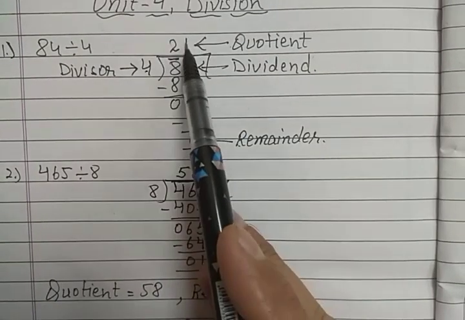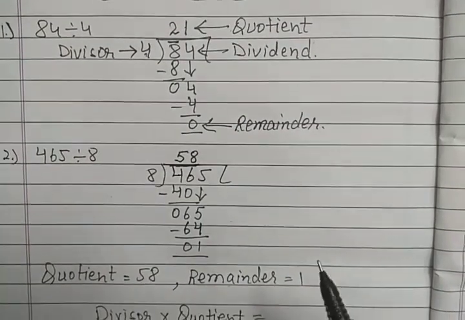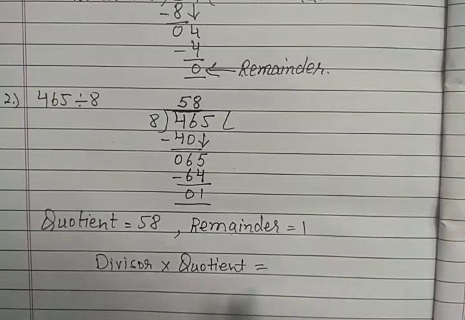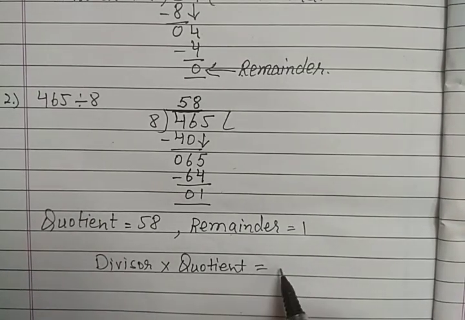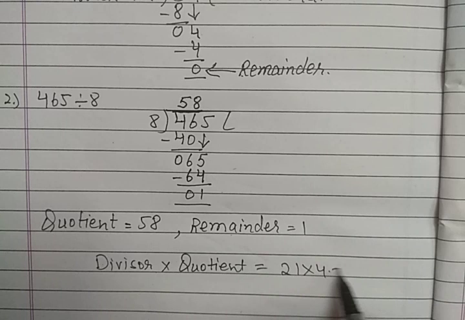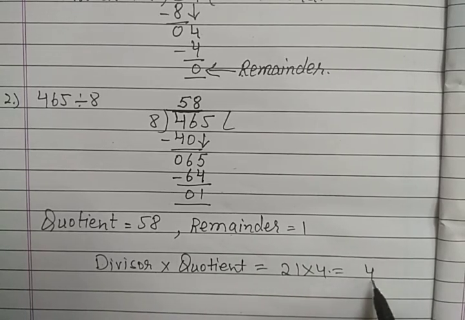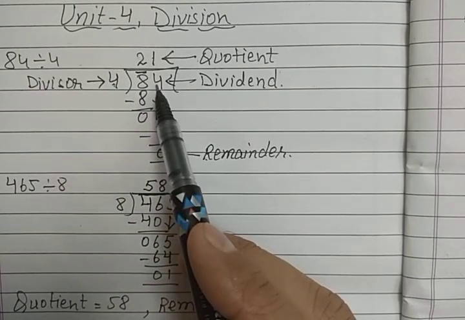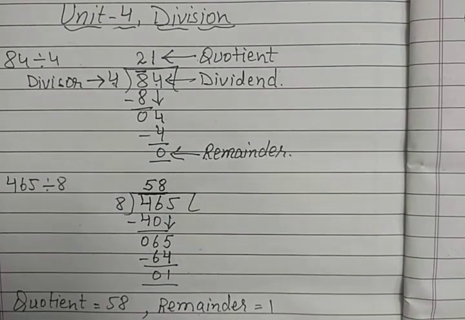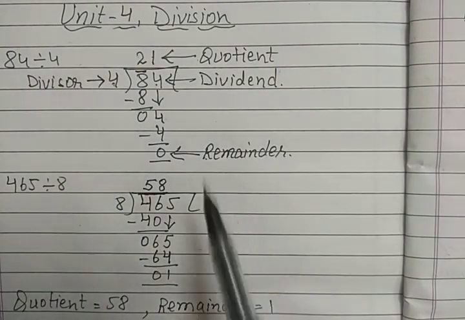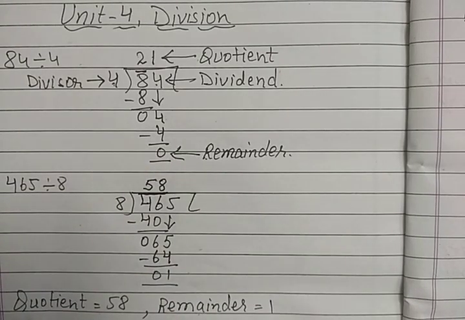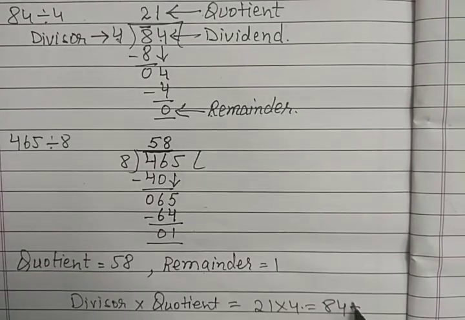See here, 21 multiplied by 4. Let us check what will come. So it will be 4 ones are 4 and 4 twos are 8. 84 will come. That means the dividend comes. And if we add this remainder, then what will come? It will remain the same.